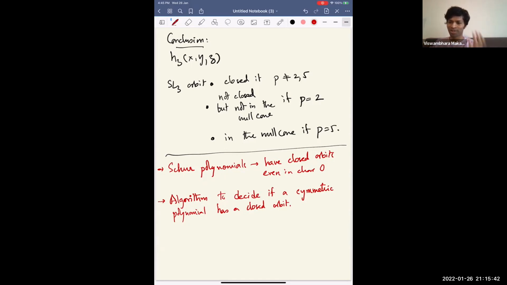Either the point is closed or not. With the moment map criterion, you won't be able to tell if the point is not closed. If the moment map vanishes at some point in the orbit, yes, it's closed. But if you can't find that point, there's no good way of finding it, because if you try these approximation algorithms, you will keep coming close, but you'll never actually hit it, right? You'll run into numerical issues, you'll run into everything, but you won't actually know whether you're hitting it or coming very close to it.